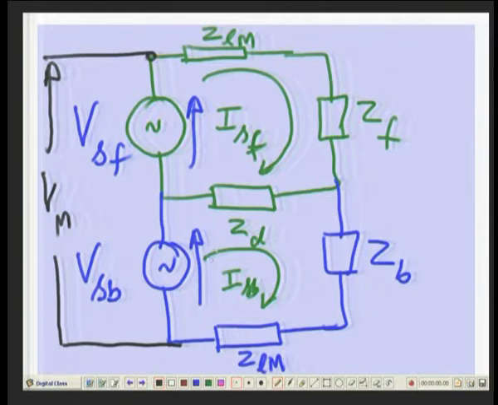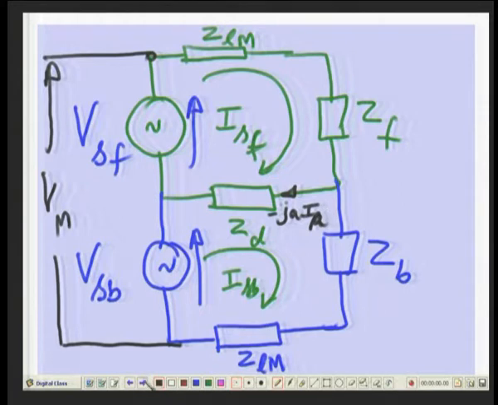That is VSF to VSB, and what will be the current here, ISF minus ISB? I think it is minus JA IA, that is the auxiliary winding current.